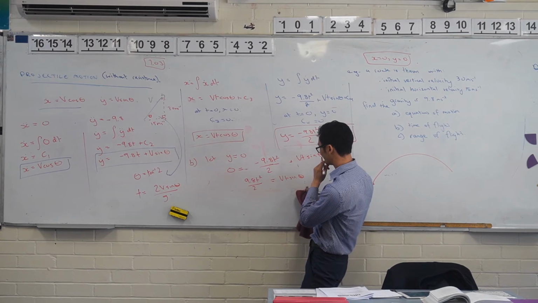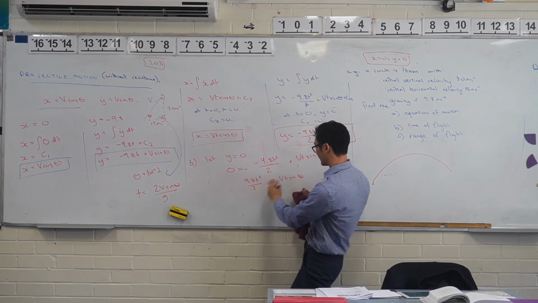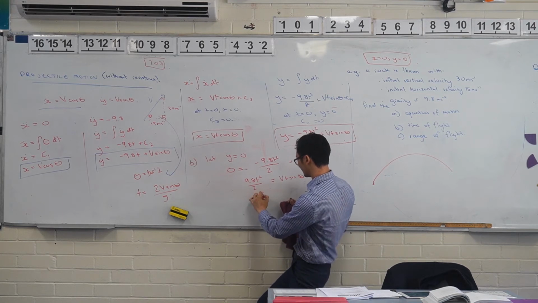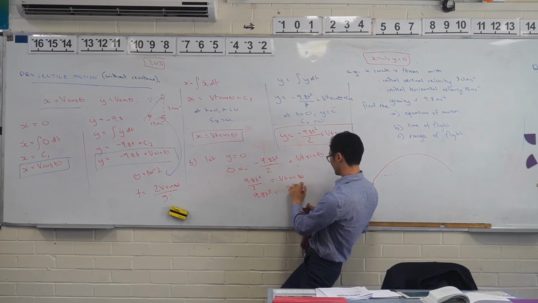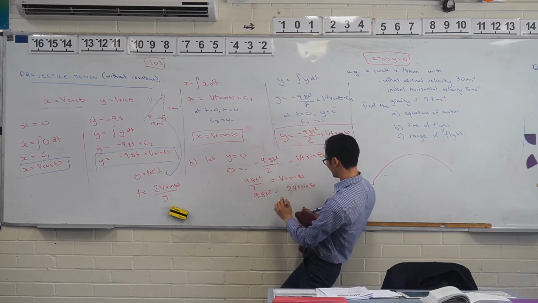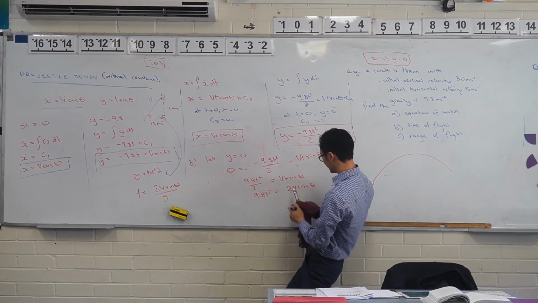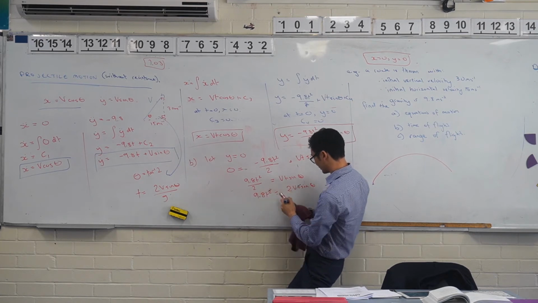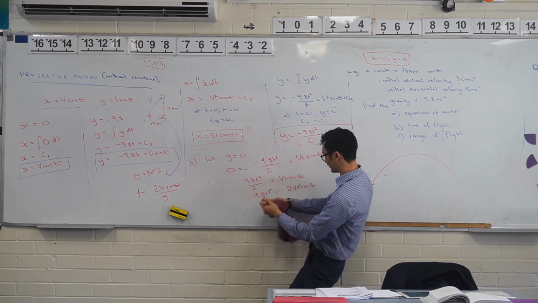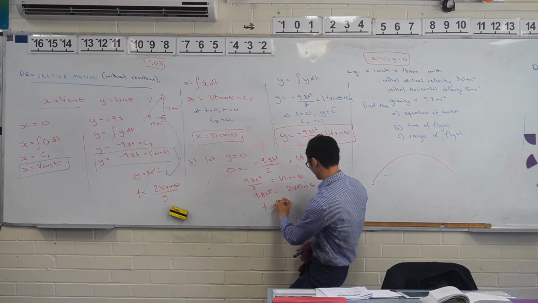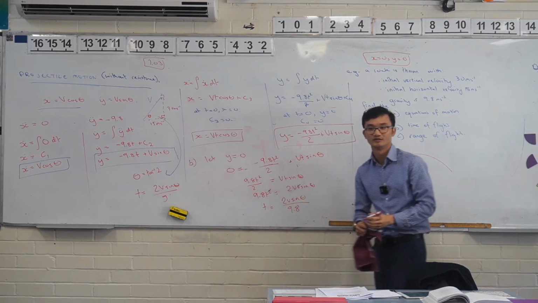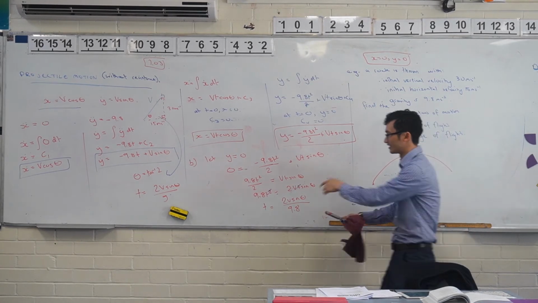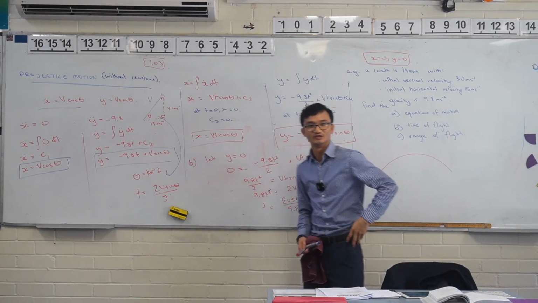Sorry, multiply everything by 2 first: 9.8 t squared equals 2vt sine theta. Then we divide everything by t, so that goes away, and then we divide everything by 9.8. So t equals 2v sine theta on 9.8, which is gravity. Right, so I guess that's how it's derived. But again, it's not allowed to be used straight out.